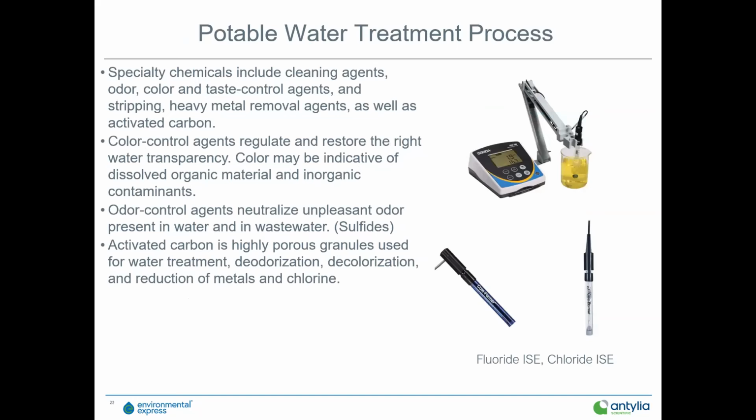Then next, I wanted to circle back and talk a little bit about the importance of using a passive inhibitor like orthophosphate. We probably all remember the Flint water incident in Flint, Michigan.